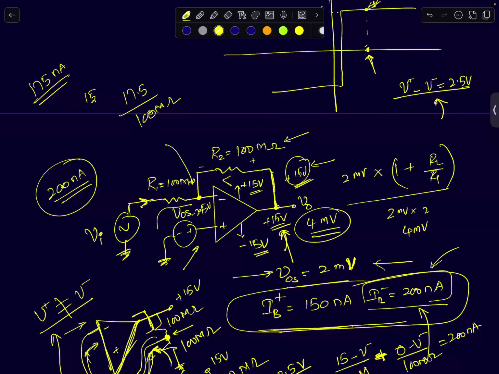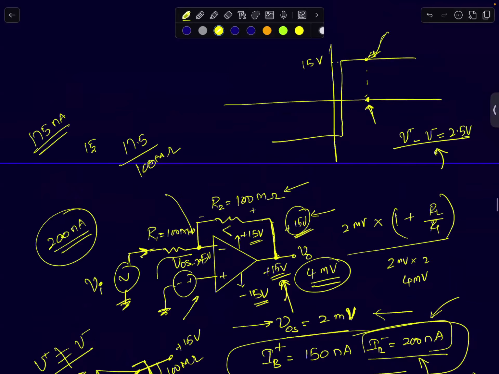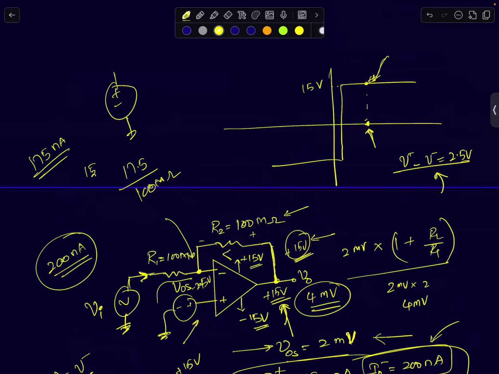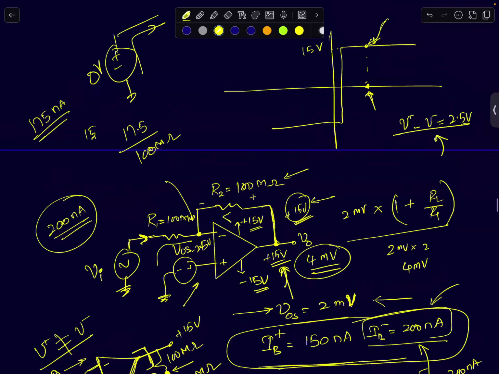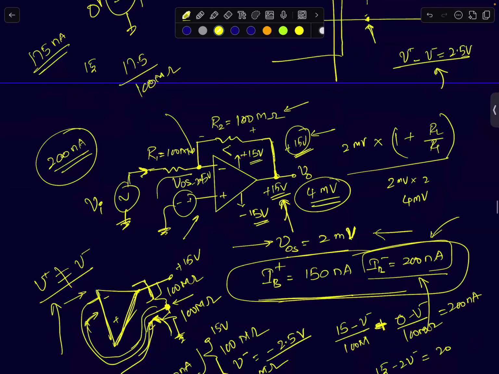You can treat ground like a 0-volt DC source, so that current is actually coming from a 0-volt DC source. And this current is not very high. The input is providing a current of 25 nanoamperes. 25 nanoamperes is not a big deal. That can be easily supplied.